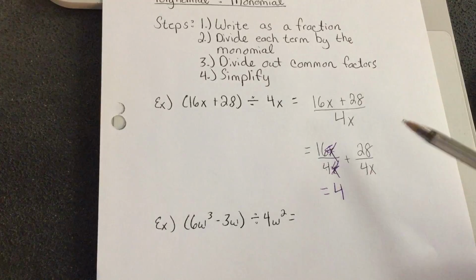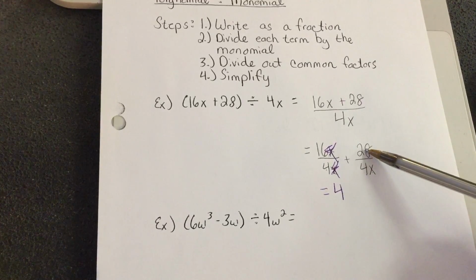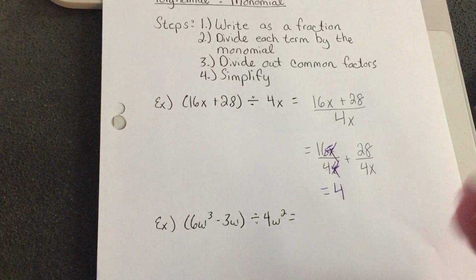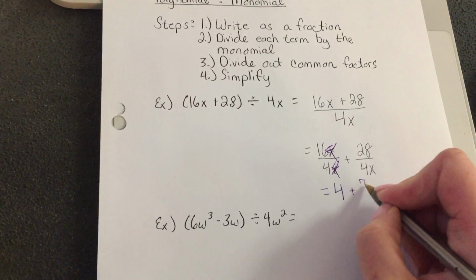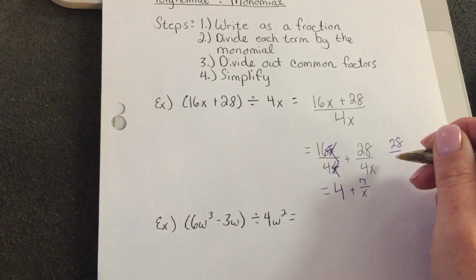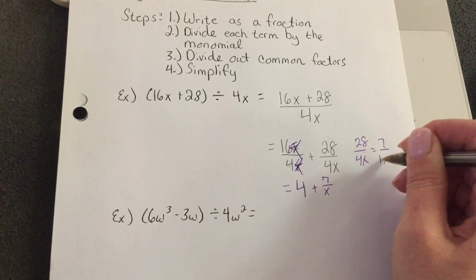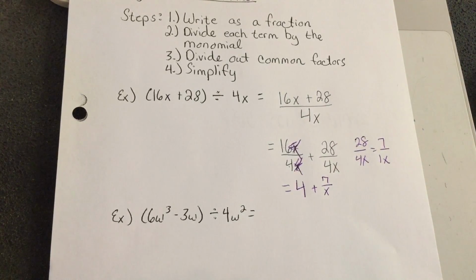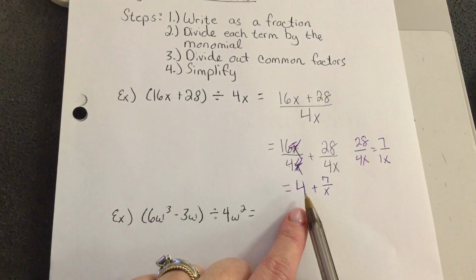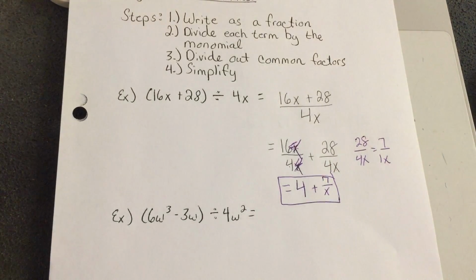So I'm just going to simplify this. 4 goes into 28 how many times? 7. So it looks like 7 over x, because 28 over 4x is actually 7 over 1x simplified. So then you would have 4 plus 7 over x as your answer.